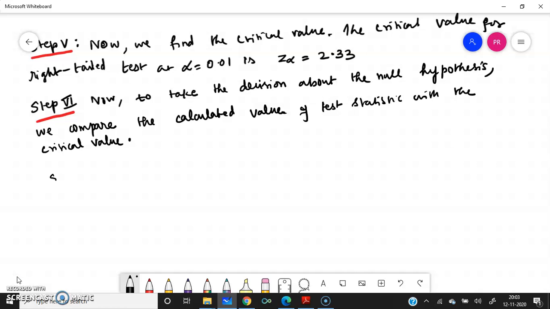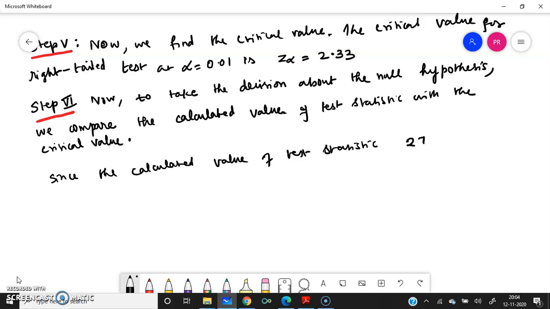Since the calculated value of the test statistic, what is it? 2.78, right?